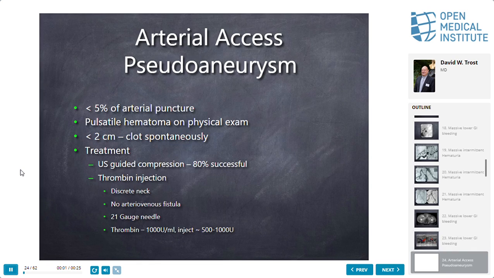You do need to look at them again the next day, always, because sometimes they do recannulate, and you can just do TPA again. Or excuse me, not TPA, thrombin. Excuse me, I don't want to open it, I want to close it. So we used a thrombin injection, and it does a very good job.